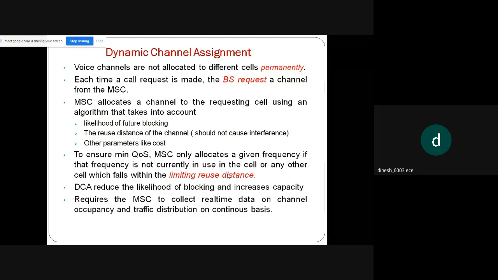Only a certain amount of frequency will be given, if that frequency is not currently in use in that particular cell. It will become limiting reuse distance. Then the dynamic channel assignment reduces the likelihood of blocking and increases capacity by using this limiting reuse distance.